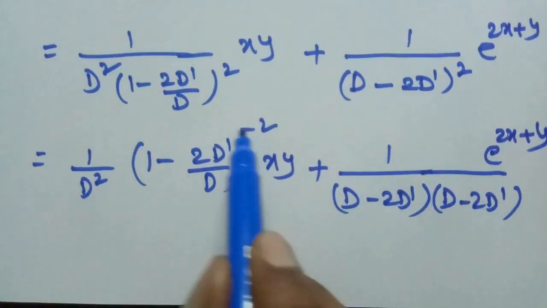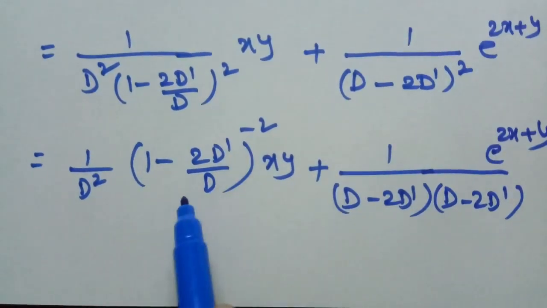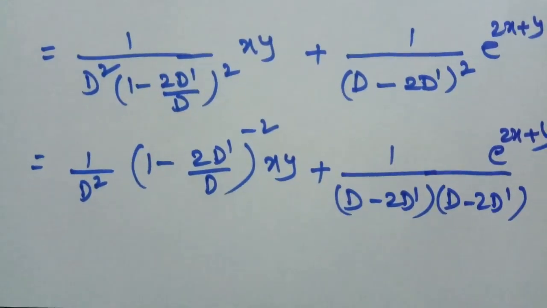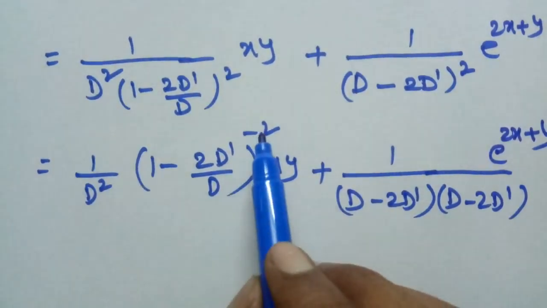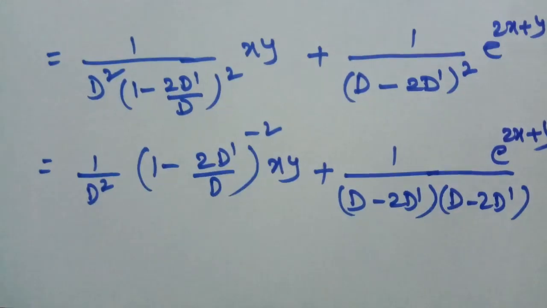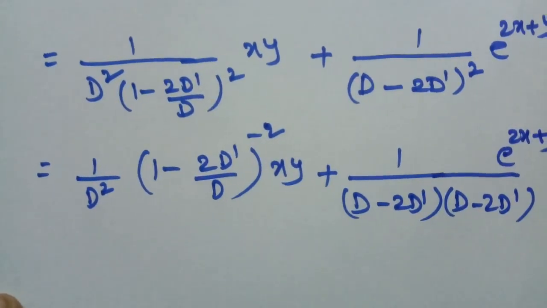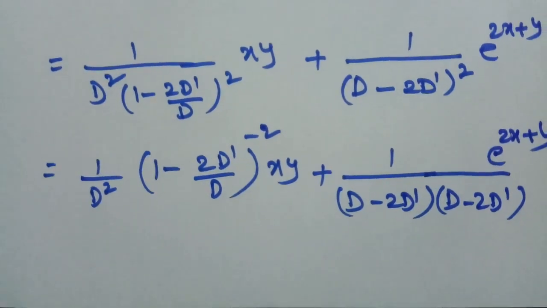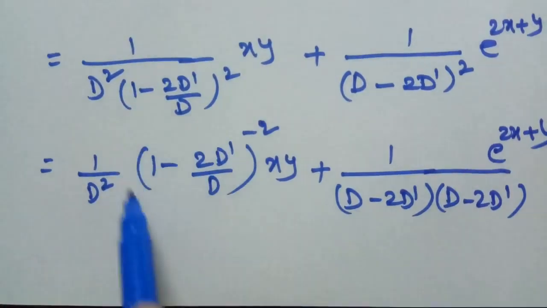So we have written the denominator as a product of linear factors, (D minus 2D dash), (D minus 2D dash). Here we have already given the formulas: (1 minus x) whole to the power of minus 1, (1 plus x) whole to the power of minus 1, (1 minus x) whole to the power of minus 2, (1 plus x) whole to the power of minus 2. When we explained rule number 3 of particular integral, we applied the same formulas.